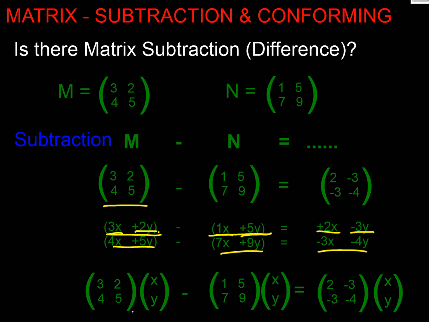So I think it's pretty obvious there that this matrix M take away the matrix N, you just get the difference of each of the coefficients of the matrix. Yeah, 3 take away 1 is 2, etc. all the way through. So that works, and that looks awfully like ordinary subtraction of numbers.